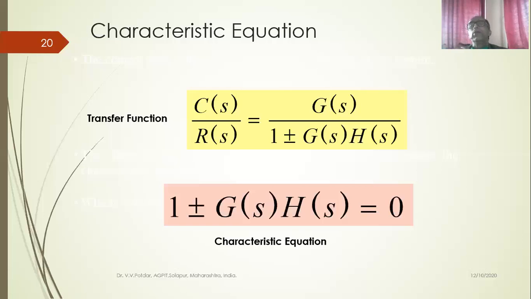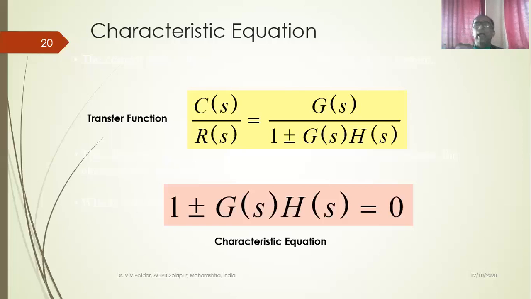I'll be getting two values of s, and those two values of s will correspond to some values of k, m and b, because the equation is s square plus b by m into s plus k by m. When I solve it, I'll be getting s is equal to some values related to b, m and k.